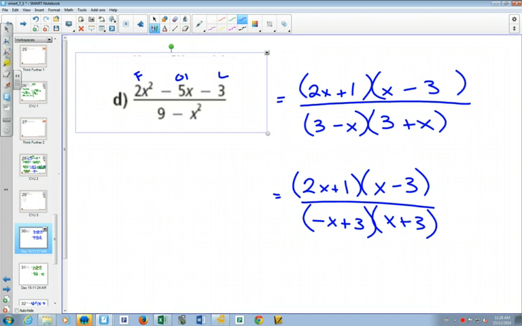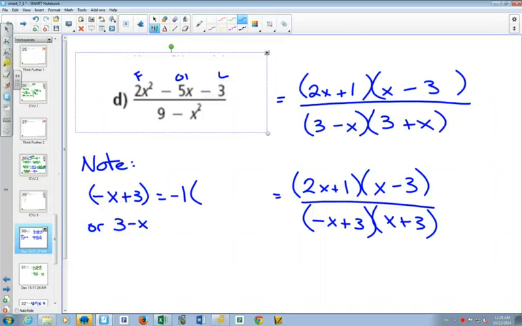Okay? But there was an important thing you learned. You saw it already in grade 10, because it comes up a fair bit in the homework in grade 10. We'll put it down here again. Special note. When you have a binomial like x plus 3, or this is the same as 3 minus x, can you see that you could take a negative 1 out of there?